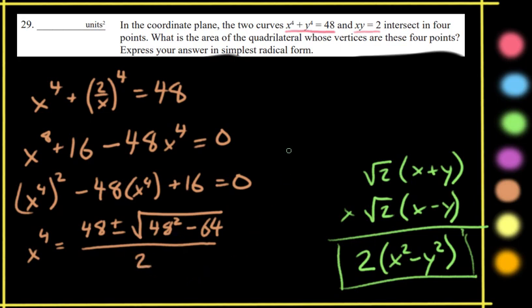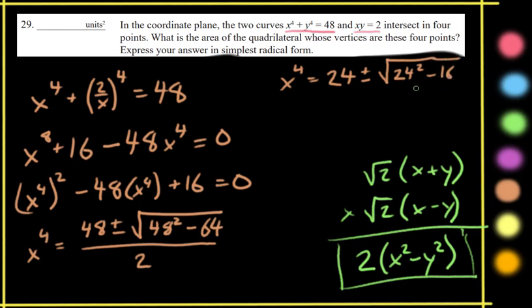All right, so let's go up here now. x to the fourth is equal to, this first part, 48 over 2, is going to be 24, plus or minus the square root. Now I'm going to put this 2 in here, and I have to make it a 4. So this is going to be plus or minus the square root of 24 squared minus 16.